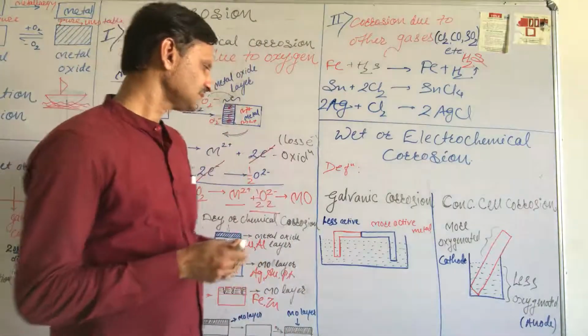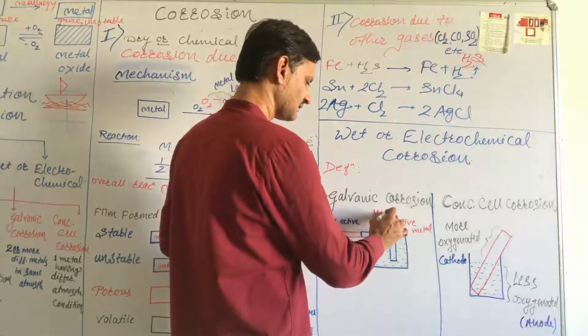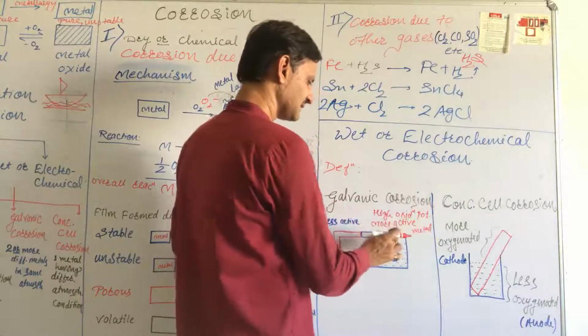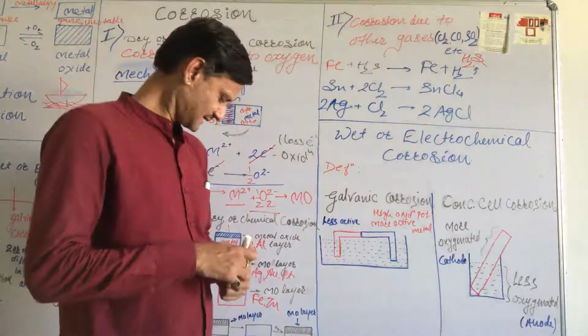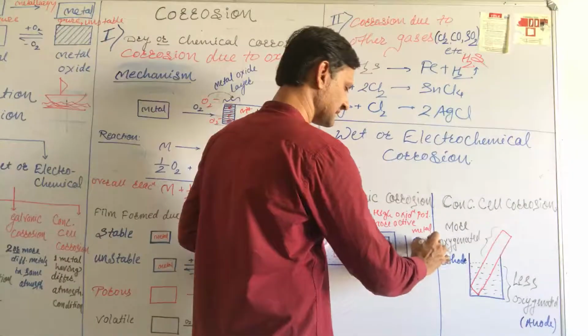So definitely the metal which has high oxidation potential is the more active metal, and that more active metal always acts as anode.